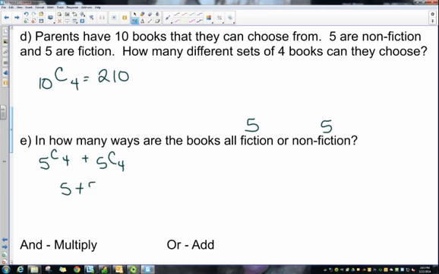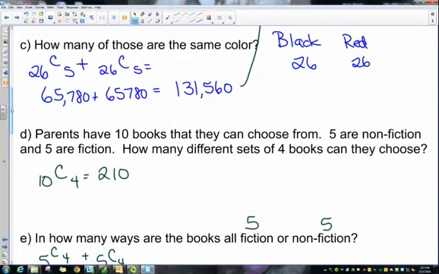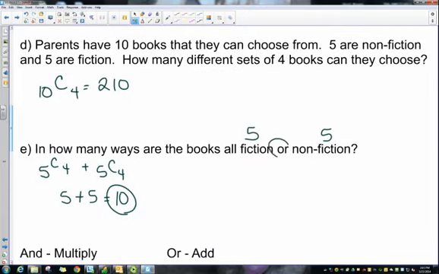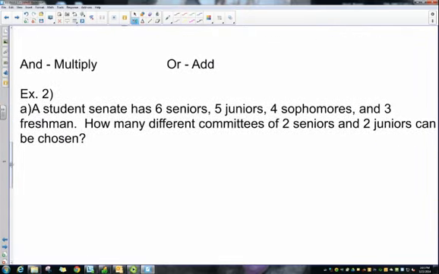The other 5C4 is 5. 5 plus 5 is 10. And there you go. Now there's a key word that shows up in that question as well. If I put black or red, the key word there is or. In the next one, the key word there is or. In math, especially probability, or means add. And means multiply. So I want to pay attention to those words.